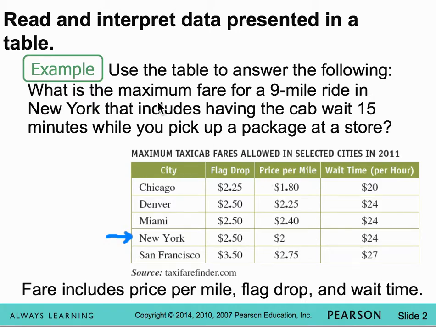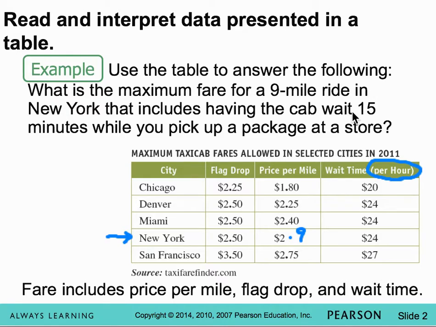So what's the maximum fare for a 9-mile drive? Okay, price per mile. So we got to do that times 9. In New York, that includes having the cab wait 15 minutes. Here's the wait time. Okay, but look, pay attention. This is per hour. 15 minute wait time, $24 per hour.